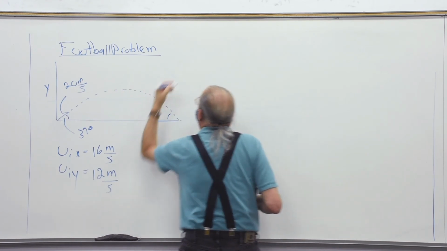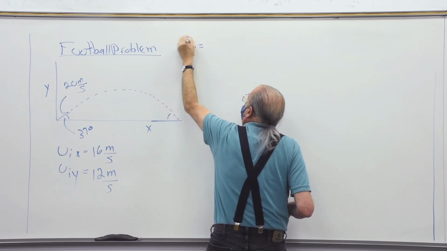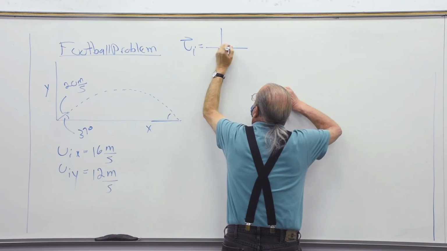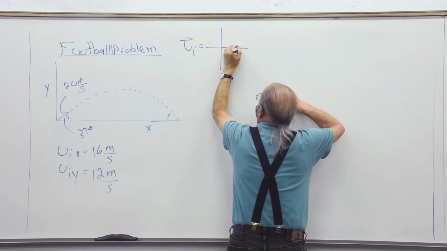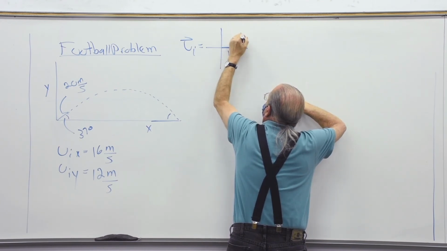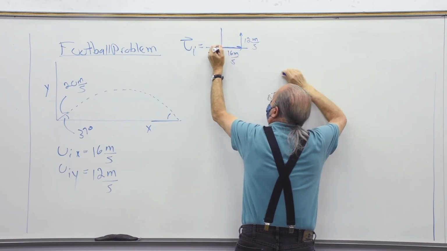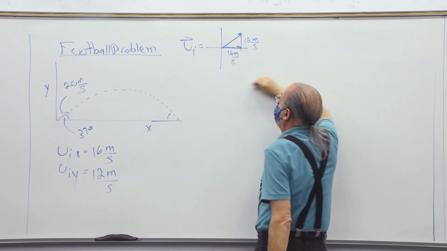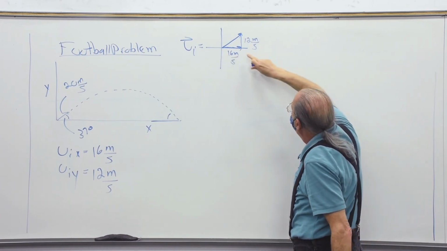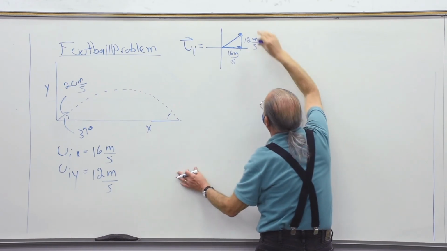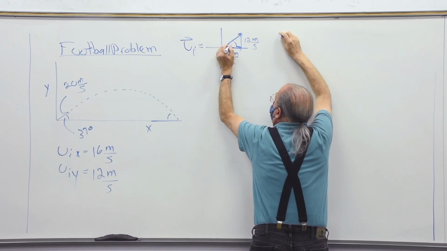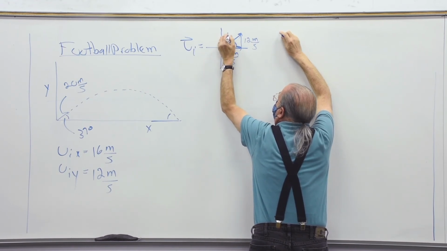If we draw the initial velocity in a vector diagram, we had 16, and then we determined that this was 12. The horizontal component was 16, the vertical component was 12, and that's consistent with this being 37 degrees and this being 20 meters per second.